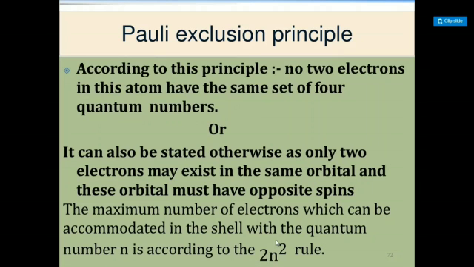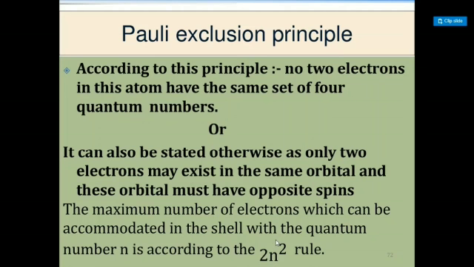Next is Pauli's exclusion principle. Students, in my previous video I have explained the quantum numbers. You know there are 4 quantum numbers. According to this principle, all 4 quantum numbers are not equal for any 2 electrons in the same atom.